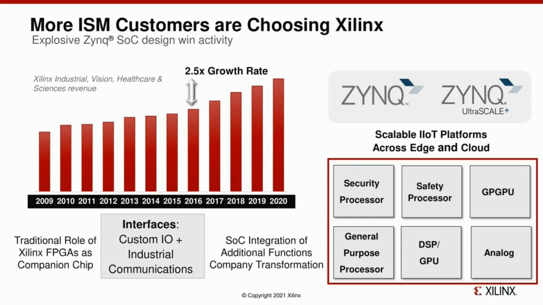Currently, we are seeing heavy adoption of Zynq and Zynq MPSoC family in the industrial assets. The primary reason for this is the integration of several functions and components that typically solve an industrial problem, which is highlighted on the right side. As you can see, all these different functions are integrated in a single chip, which enables this kind of adoption in the industrial market.